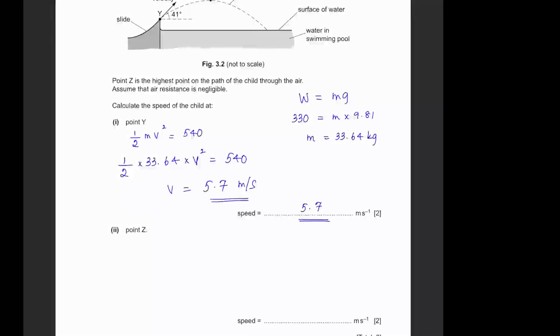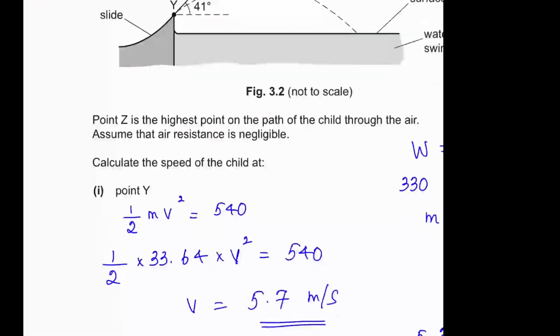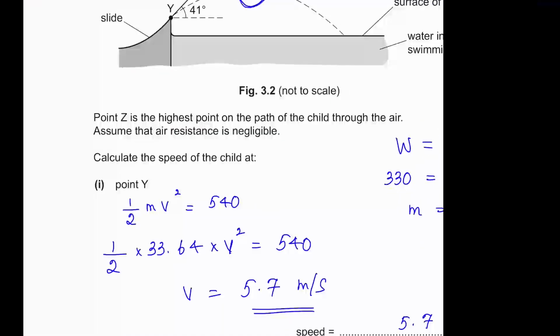And they want you to find the speed of the child at point Z as well. So point Z is the maximum point. Correct? At the maximum point, what is the vertical velocity? 0. So at point Z, it is only going to have a horizontal velocity. Agree?